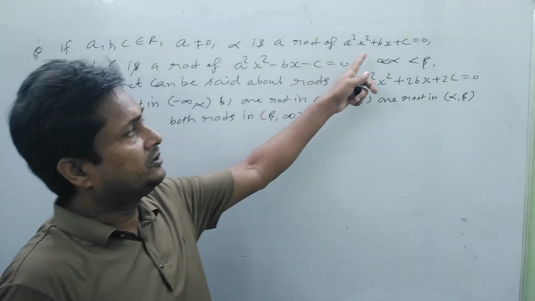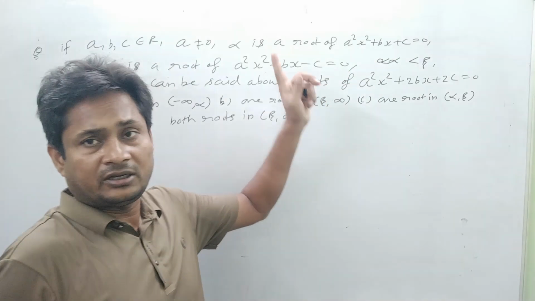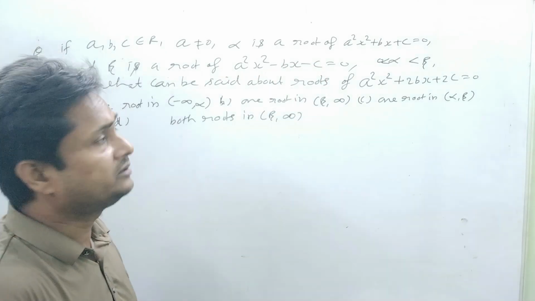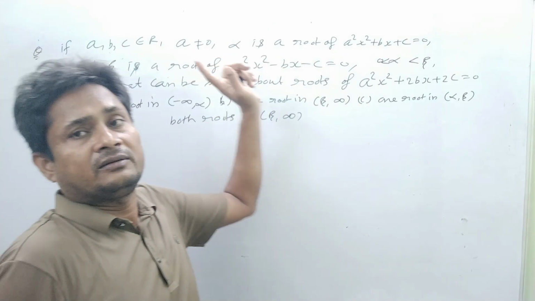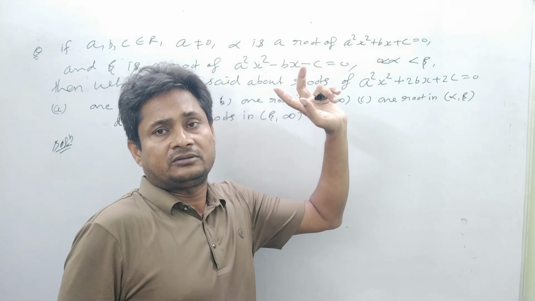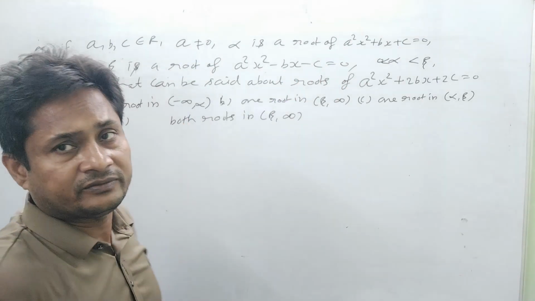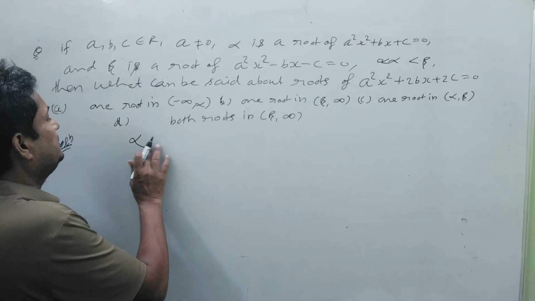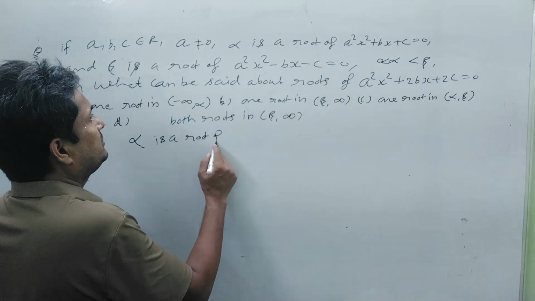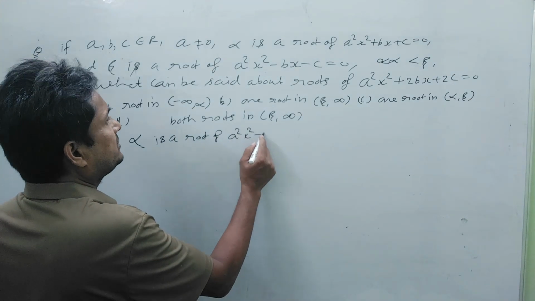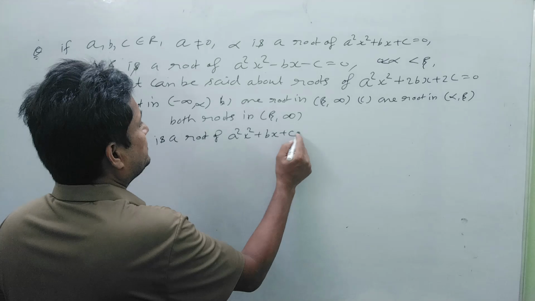There are two quadratic equations and alpha, beta are roots given. Alpha is the root of the first quadratic equation, so it will satisfy the first equation. So alpha is a root of a²x² + bx + c = 0.